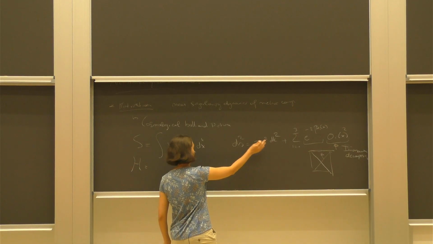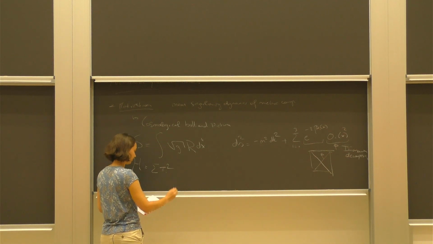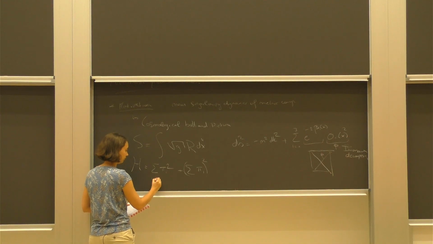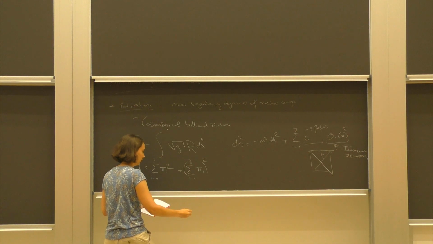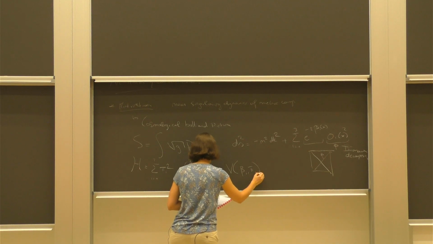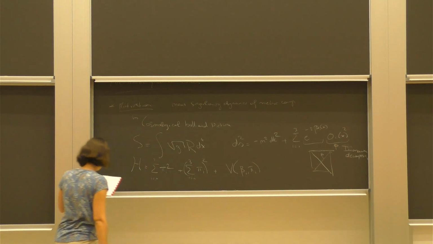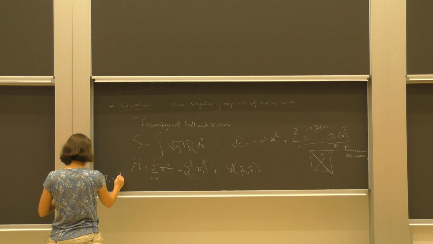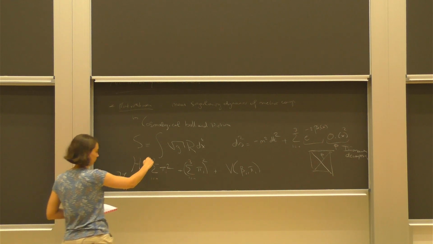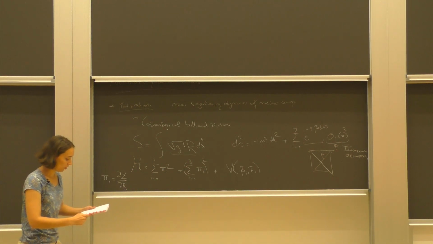If you take this metric, this action, and write down what the Hamiltonian looks like, you find something like this, where the pi's are simply the conjugate momenta to the scale factors beta i's, defined in the usual way, where L is just the Lagrangian associated with this action. So this guy here.